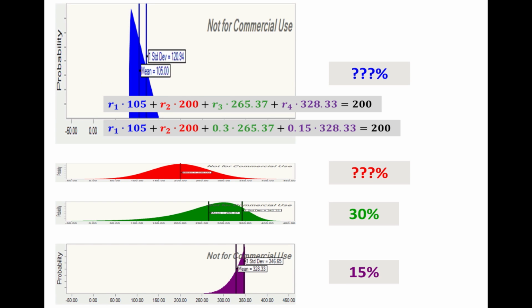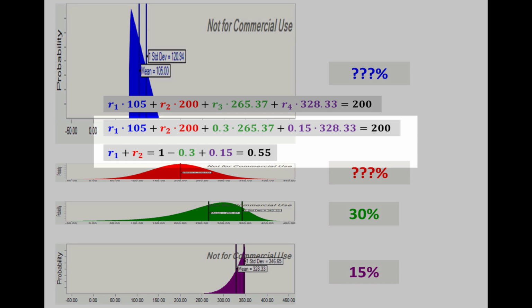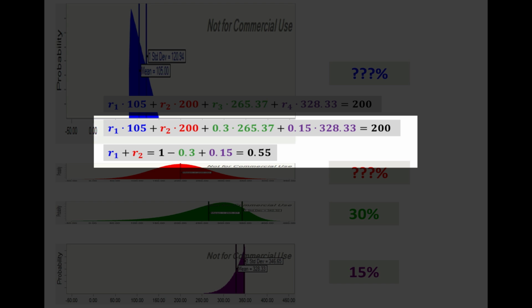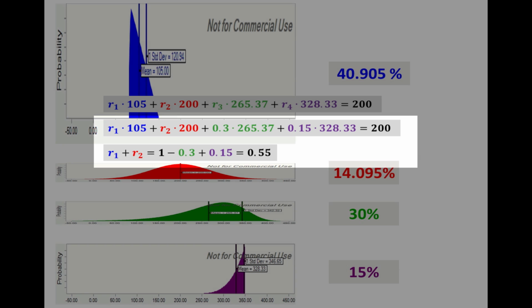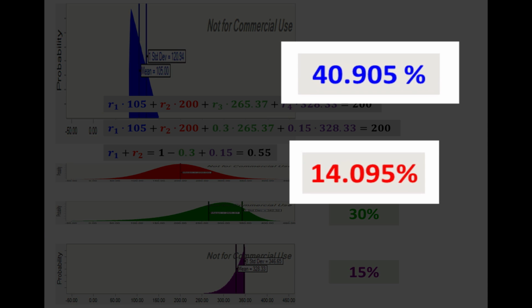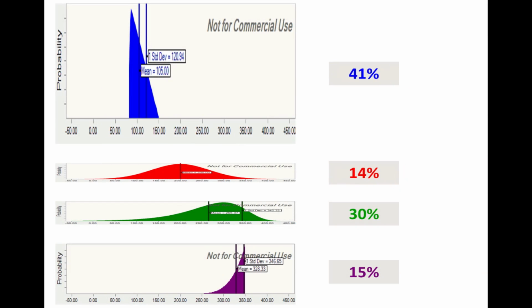As I have assigned R3 to be 0.3 and R4 to be 0.15, I can only choose between R1 and R2, but R1 plus R2 now has to equal 0.55. Two linear equations, two unknowns, means I have exactly one solution, and I assign about 41% of the weights to the triangle distribution and 14% to the normal distribution.